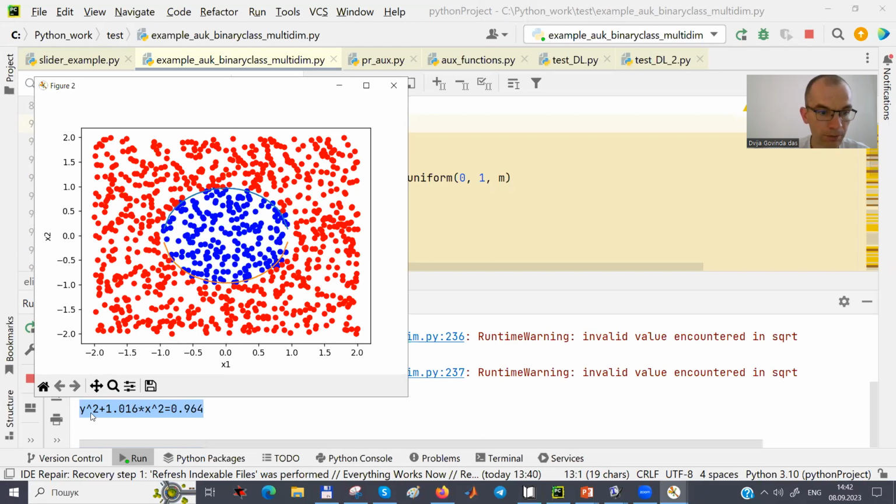It's almost a circle. X squared plus y squared equals 0.96. So this is just scaling of Python. So we see it as an ellipse, but we can see how a proper decision boundary was formed. Yes, this elliptic form of decision boundary was found by the algorithm.